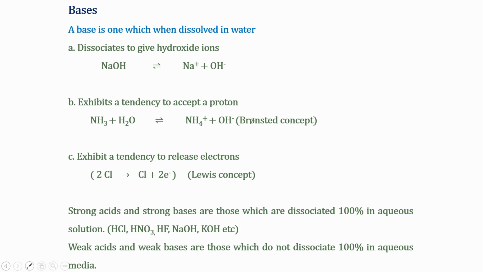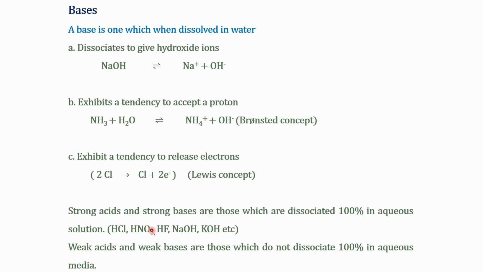HF is also considered a strong acid, and NaOH is a strong base. Potassium hydroxide is a strong base. Even if you put NaOH or KOH on your hand, skin will burn. So, all the things that are dissociated 100% are called strong acids and strong bases. We also come across in our day to day life weak acids and weak bases.